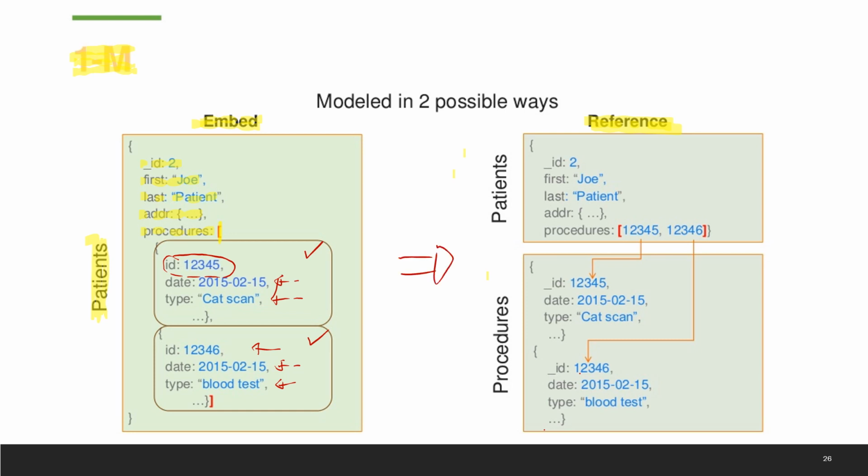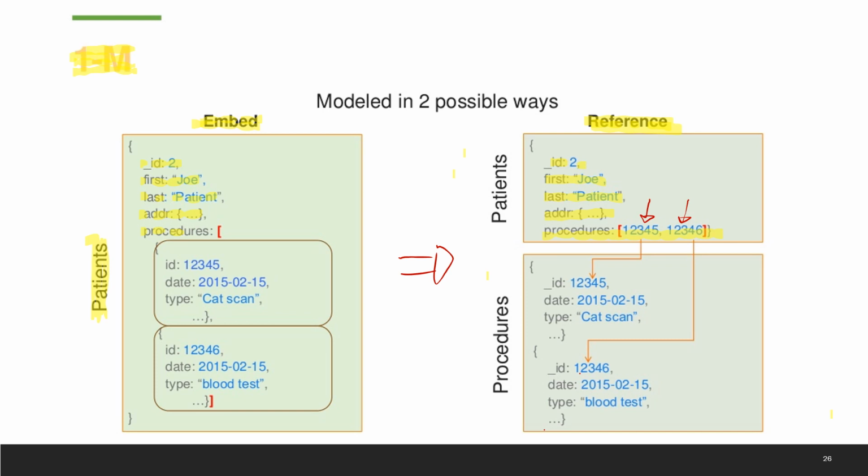Okay, so with the referencing, you can see that the general profile about the patient remains the same. That is, we do have the patient document, but then we make use of procedures as an array, but inside this array, instead of having a nested or subdocument, we list a key or a document ID that we want to refer to.